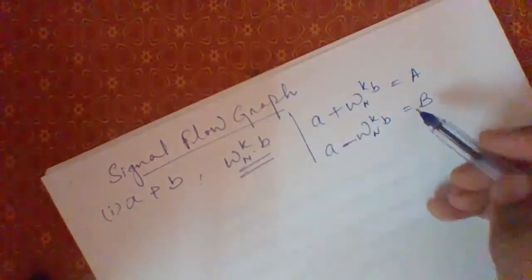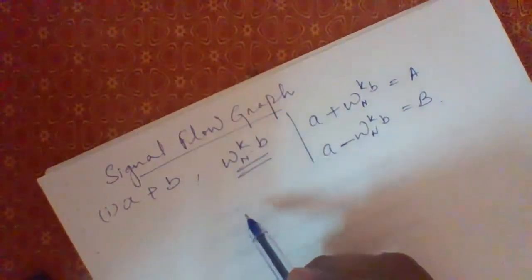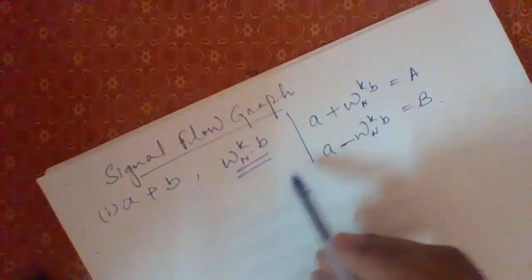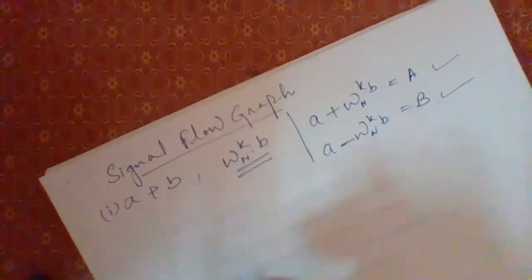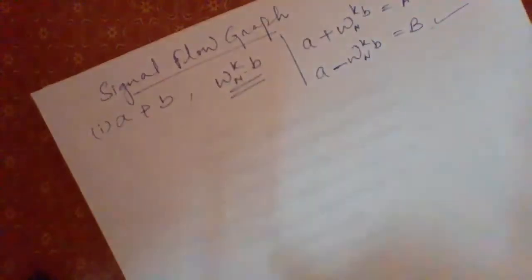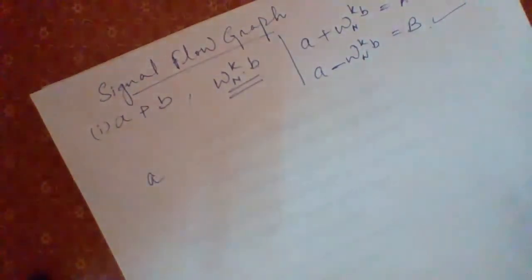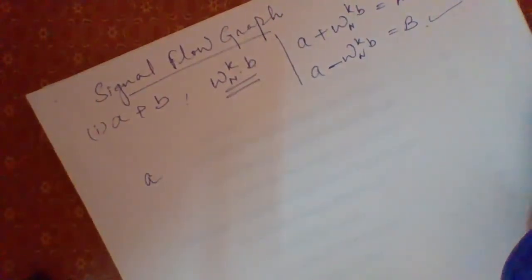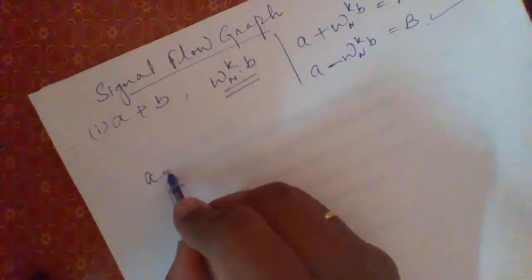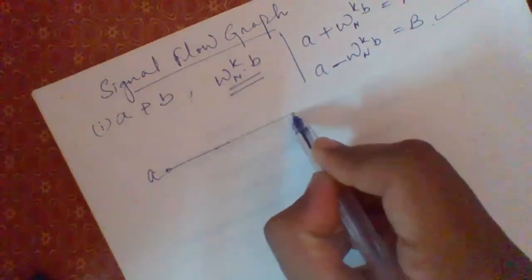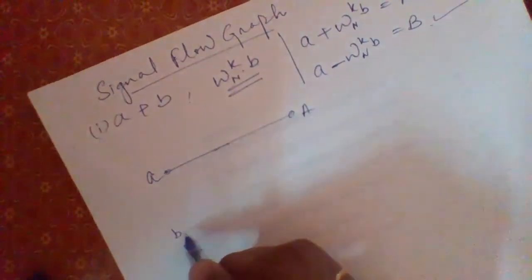So now the basic signal flow graph, which is known as the butterfly diagram, is drawn on the basis of these two equations. Let us consider A and B as the inputs. A is one input and B is another input.